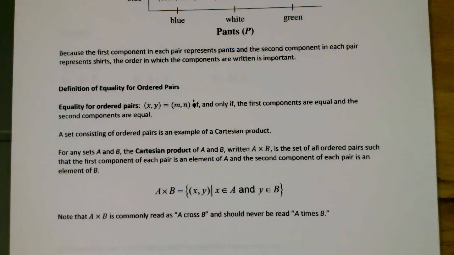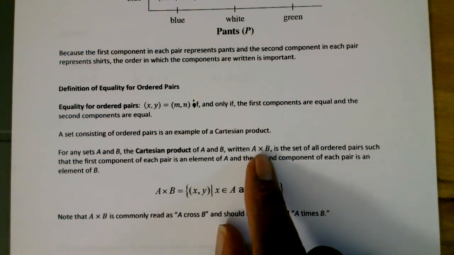And a set consisting of ordered pairs is an example of a Cartesian product. And in this case, for any sets A and B, the Cartesian product of A and B is written like this.